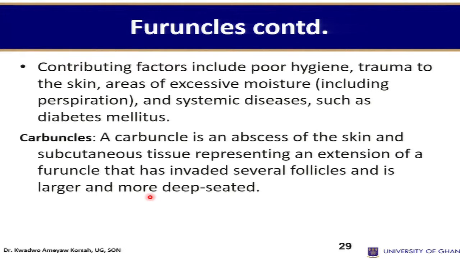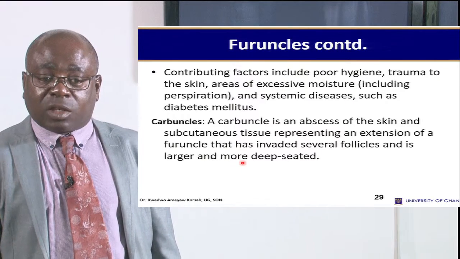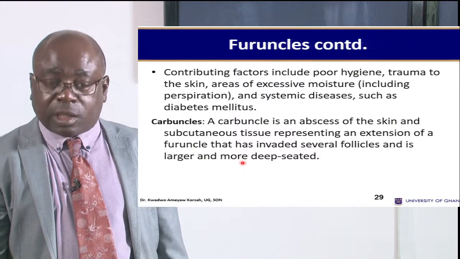Let us quickly look at carbuncles, which is an abscess of the skin and the subcutaneous tissue, representing an extension of the furuncle. To some extent, we can say that carbuncles develop from a furuncle that has invaded several follicles, and it is larger and more deeply seated than the furuncle.